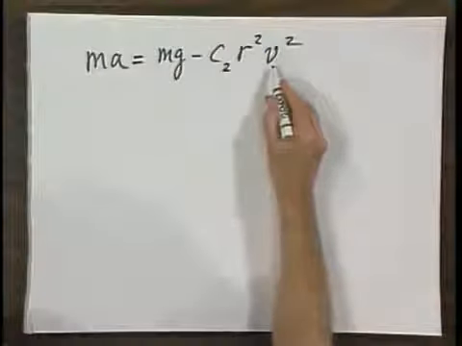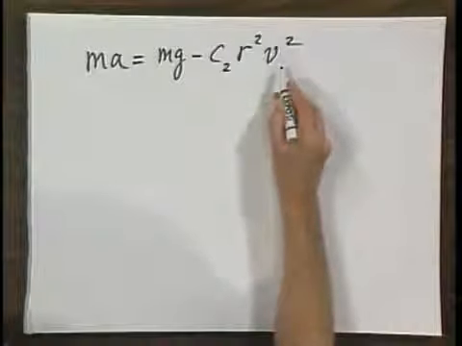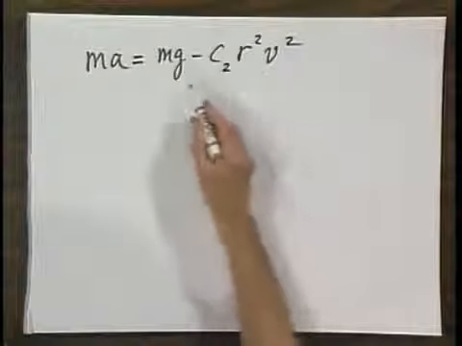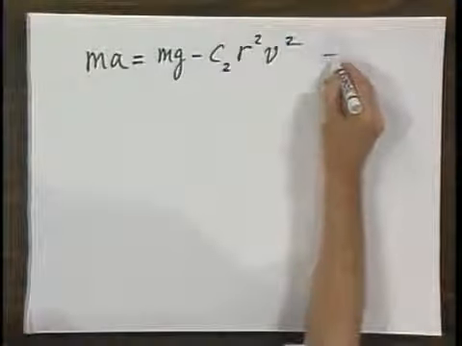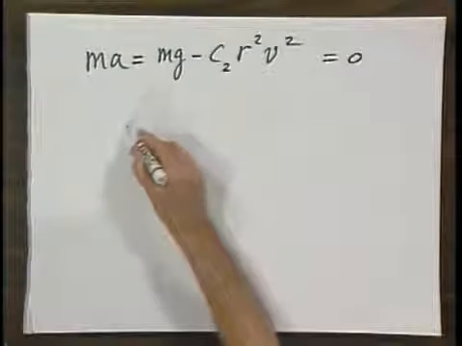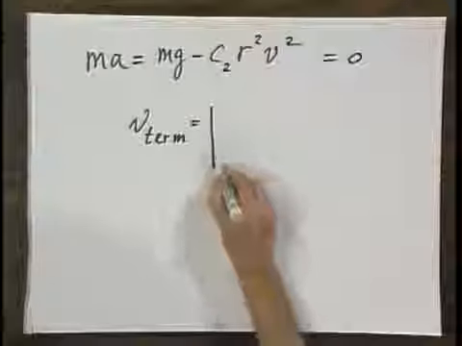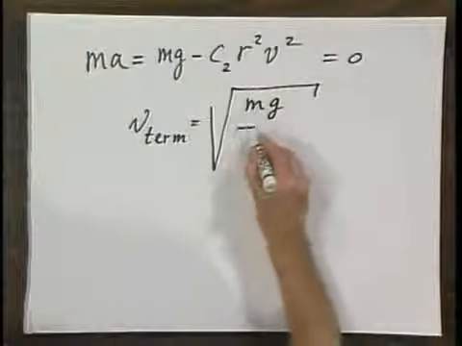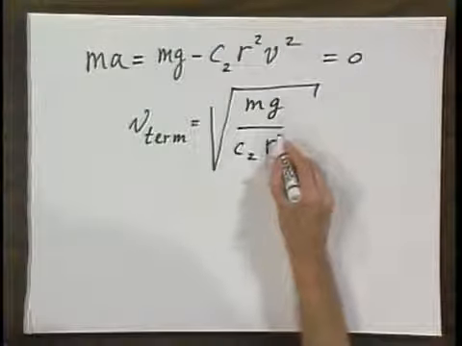And what is now the terminal velocity, the terminal speed for this spherical pebble in 1 atmosphere of air? Well, that is when ma becomes 0. And so that's the case when the terminal velocity becomes the square root of mg divided by c2 r squared.